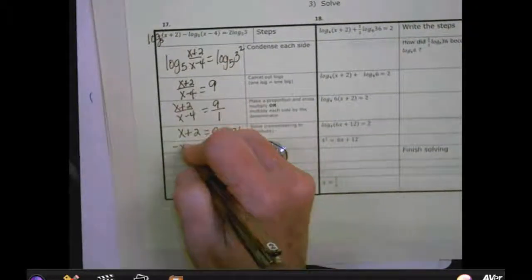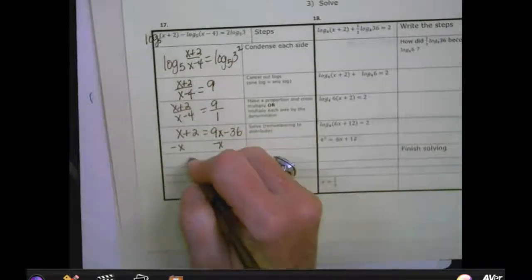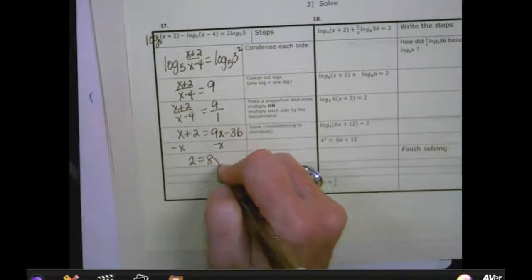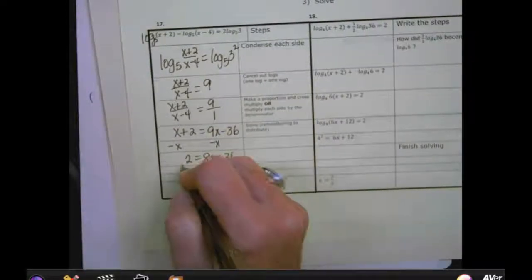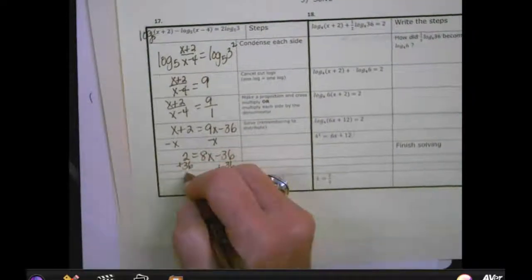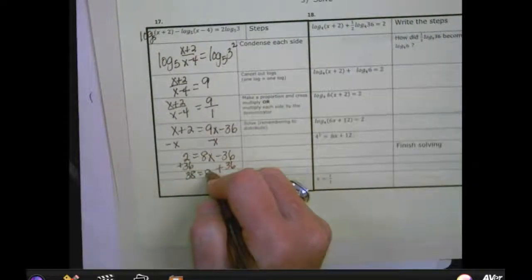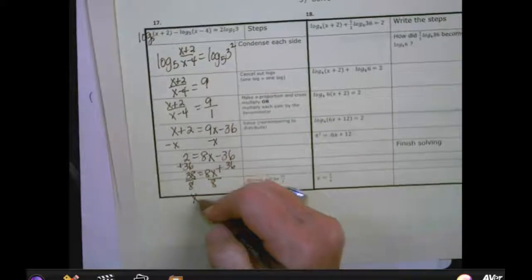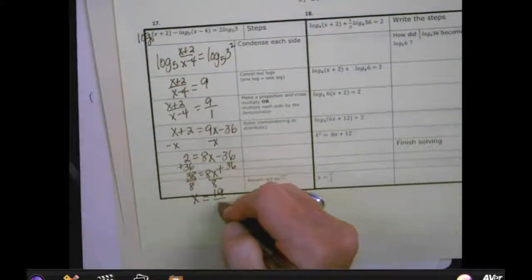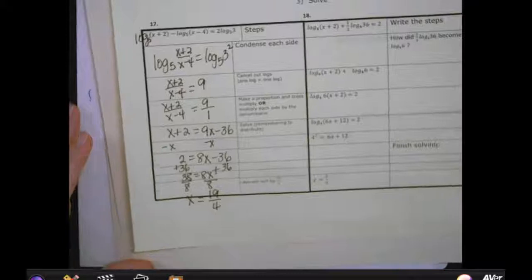I'm going to subtract the x. And when I reduce, I get 19 over 4.